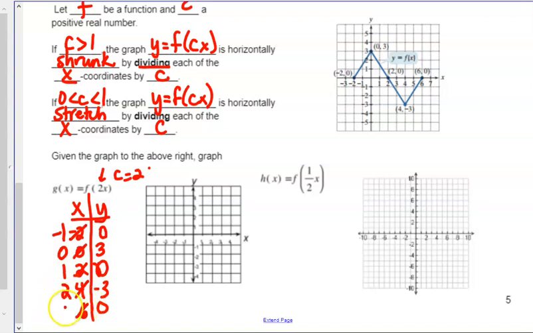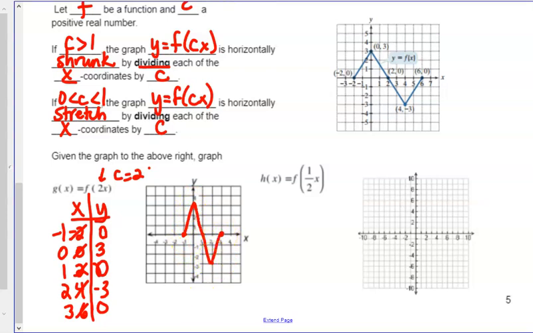And 6 divided by 2 gives me 3. Creating the new points that I need in order to graph this new function: (-1, 0), (0, 3), (1, 0), (2, -3), and (3, 0). So what I've done is basically squashed it like an accordion.